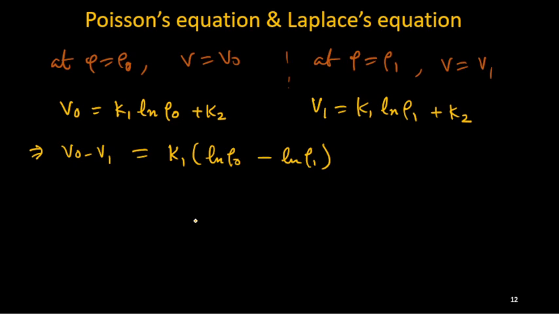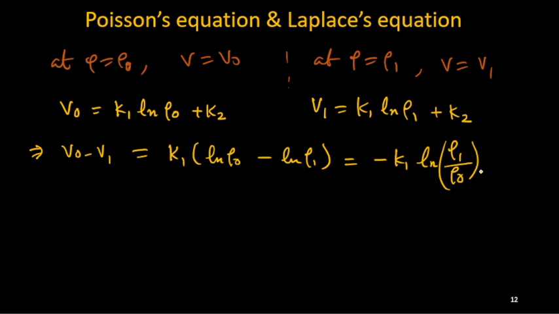I can take the minus sign common, so K1 times minus ln rho 1 minus ln rho 0, and that we can combine as ln rho 1 upon rho 0. Because rho 1 is more than rho 0, that's how I want to take this form, rho 1 upon rho 0.